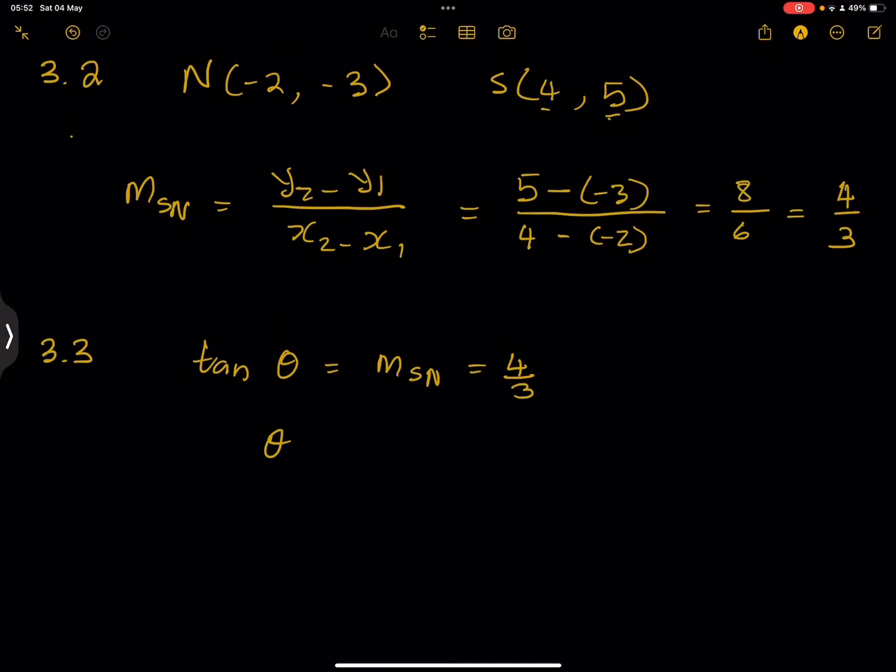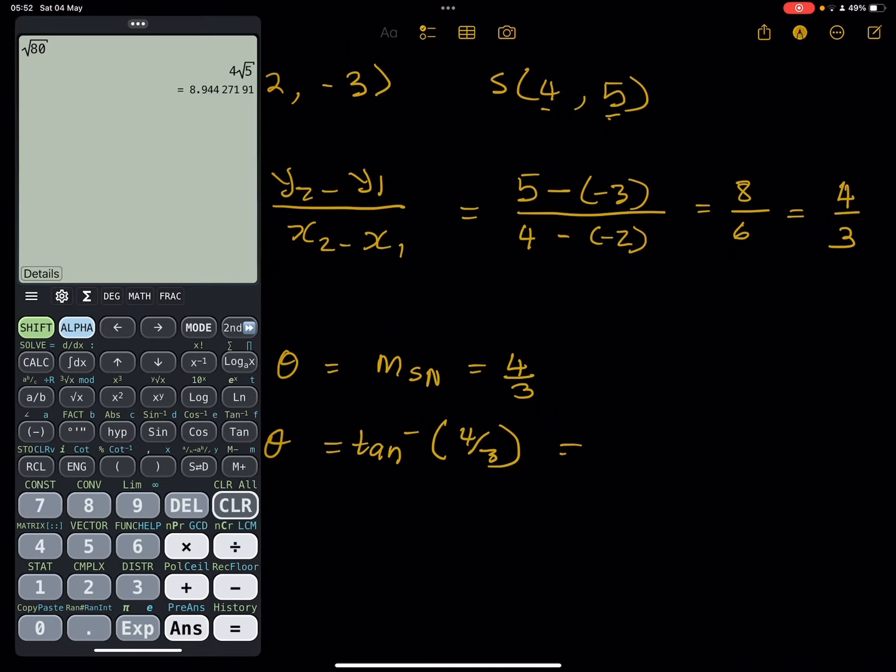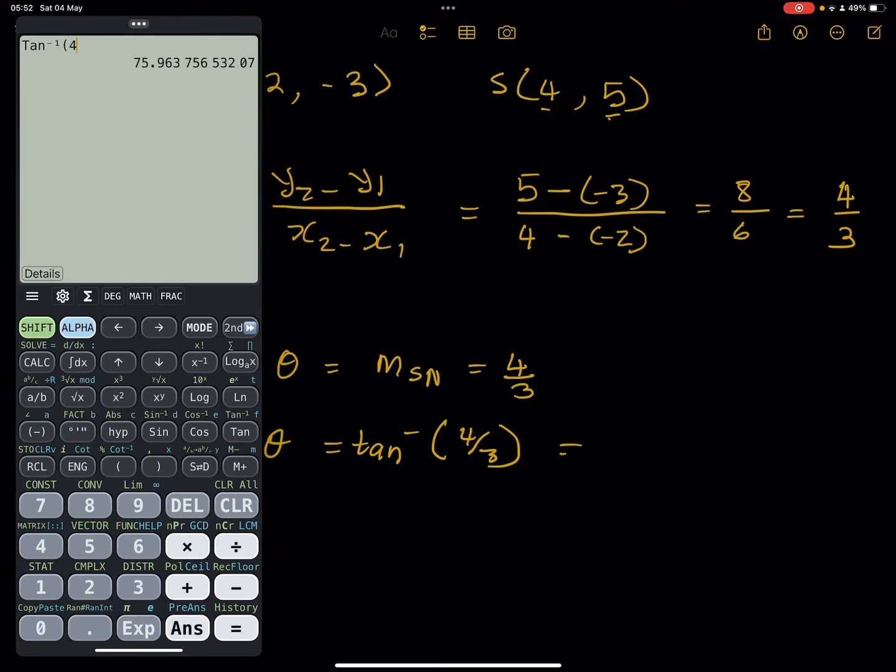To get theta, we say the arctan of 4 over 3. Let's calculate that quickly. I get 53.13, so that is our value for the angle theta.